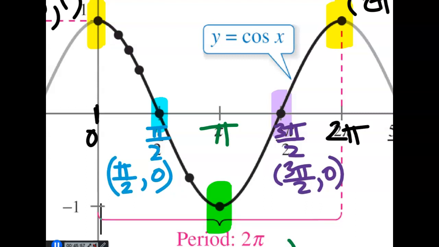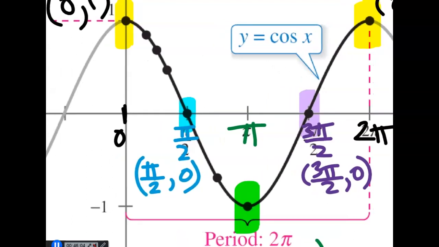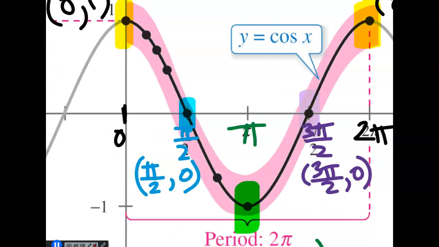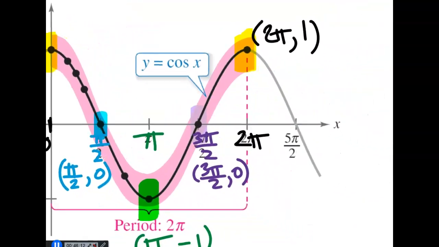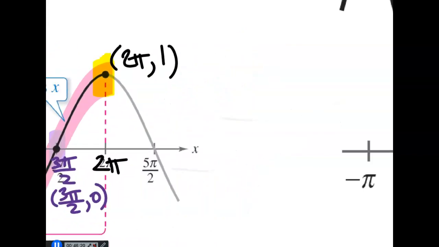Now that is just one period of the parent function for cosine, one period by itself. Now let's move on. What if instead of having an amplitude of 1, our graph had an amplitude of 3?